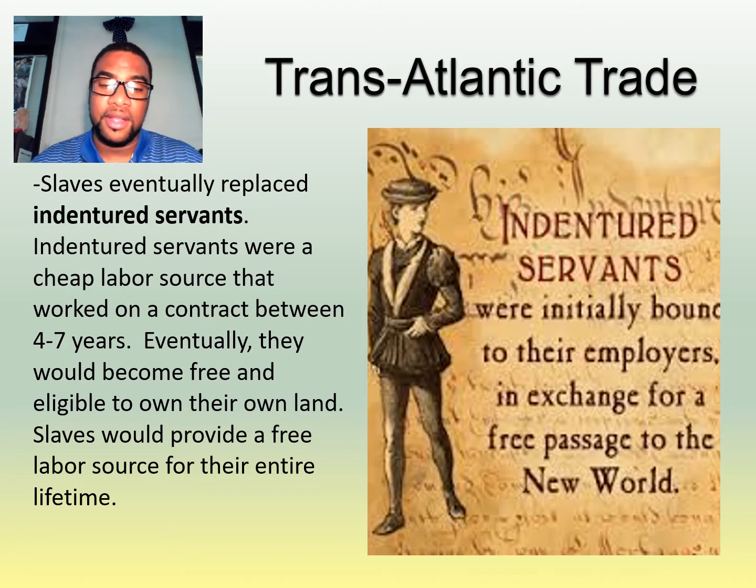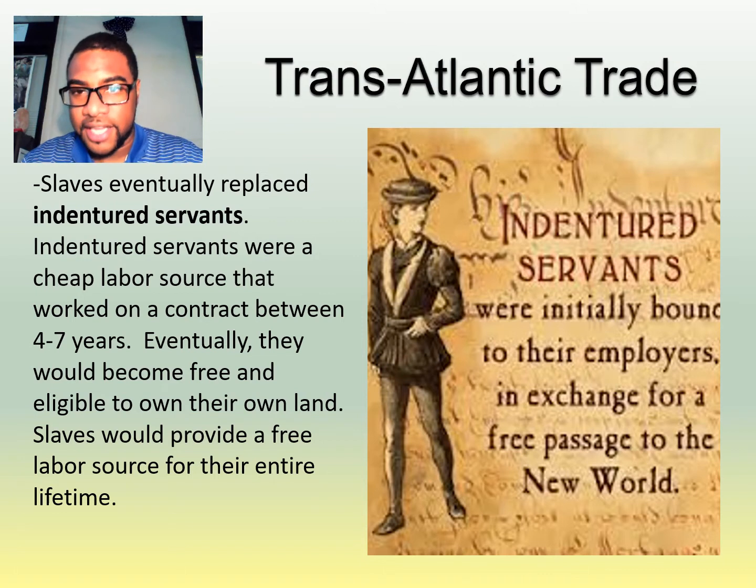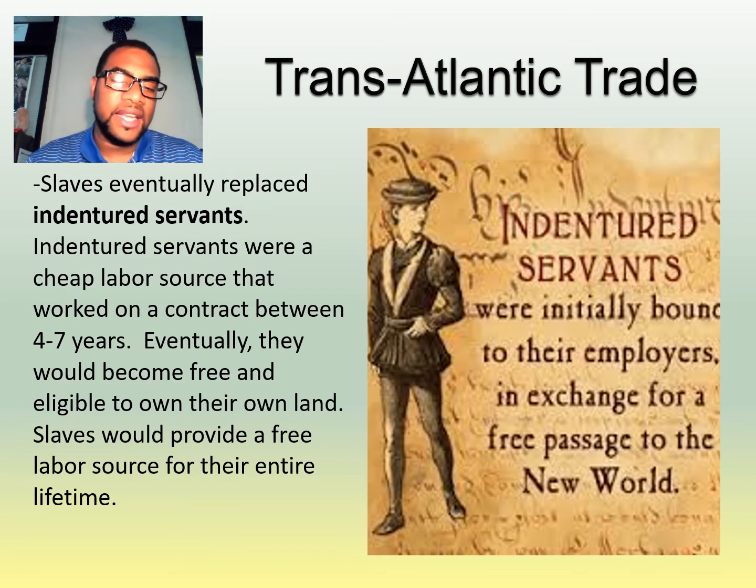But as you can see, when the slaves were born or brought to the plantation or whatever specific area they were brought to, they were basically a possession, a thing to be used, so to speak. So there was no chance for them to gain their freedom.